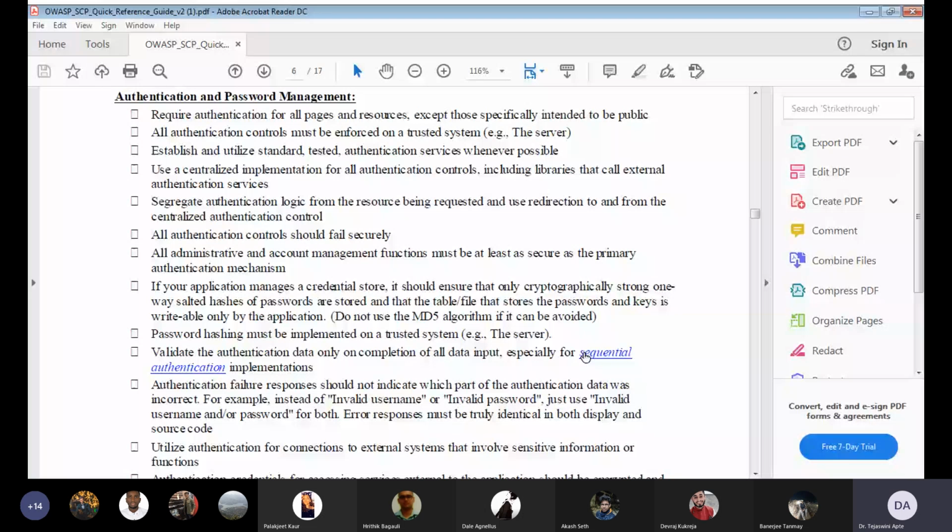Every time a salt is added to the hash of the password, it is prefixed with some special characters. What is the length of those characters? You really do not know.